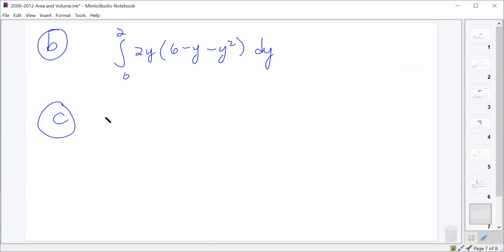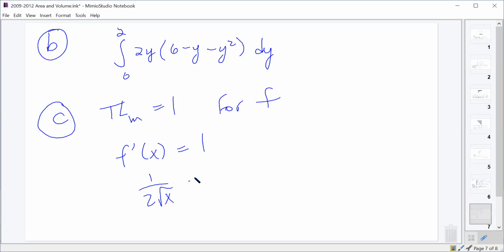So we're looking for the tangent line's slope equal to 1 for f. Well, the tangent line's slope is f prime. So we want to know, when does f prime of x equal 1? And f prime of x is 1 over 2 root x. So we want to solve that for when that equals 1.